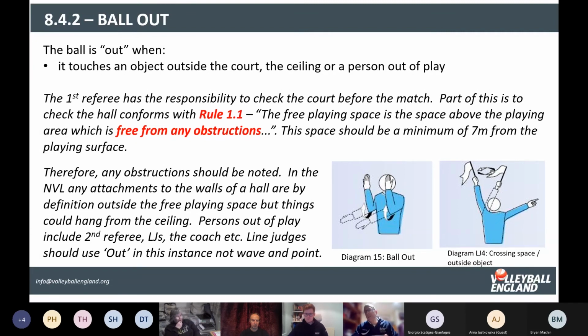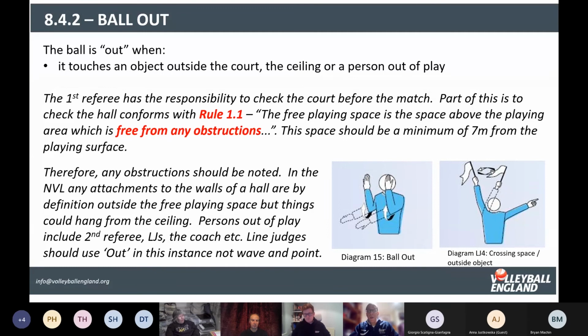Specifically in the sports halls that we tend to find ourselves refereeing in, sometimes attachments to the rules are hanging over the free playing space, like badminton nets, that sort of thing. But also consider what it means when it says a person out of play. People out of play are those people that have a right to be in the free zone. So that's your second referee, and your line judge is the coach.